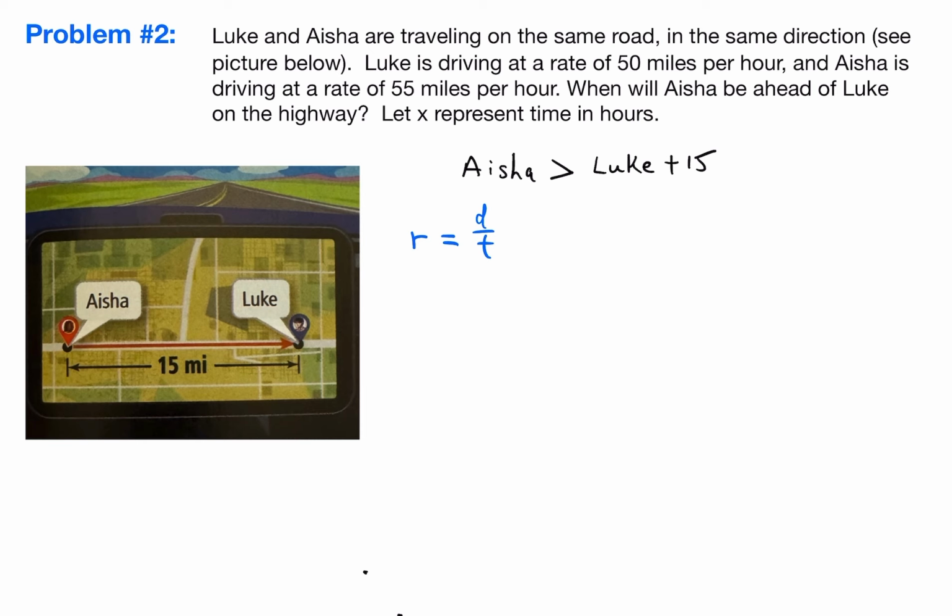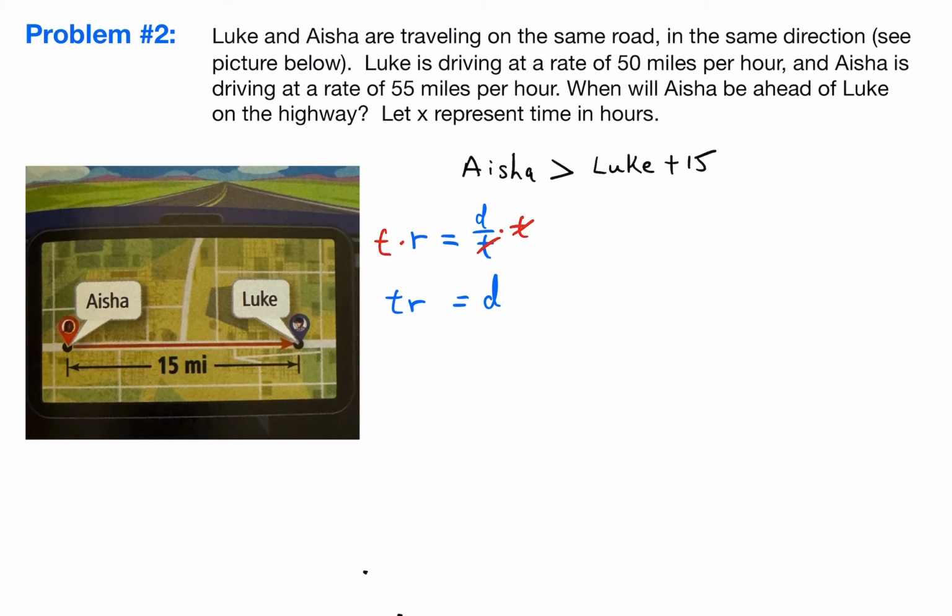What we can do is multiply both sides by t. When we do, our t's cancel out because t divided by t is 1. And so the net result here is distance is going to be equal to tr.